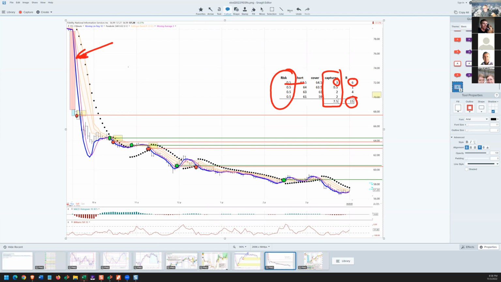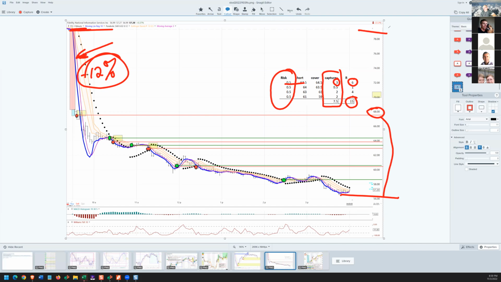TC2000 alert: largest adverse gap in the S&P 500 during a bear normal condition, down 12%. Do you think that's going to move the rest of the day? Yeah, probably. It opened around 68, and then closed around 57.